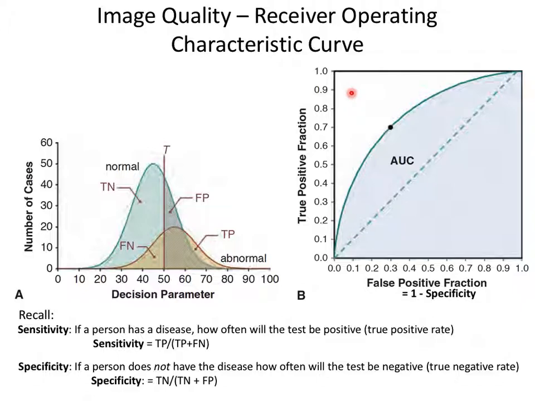Pick up 90% of the positives while only including 10% of the people who are negative. So what this does is by scanning T across your sample, you basically draw a line in this space. Okay, so eventually when we're way up here, we don't call anybody positive, and so we're at 0, 0.